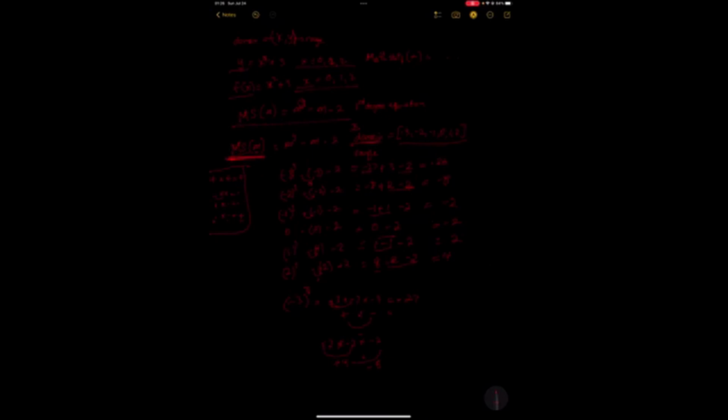We have 3 outputs of negative 2, yet we have different inputs for it. We have an input of negative 1, of 0, and 1. They all give the same output. So that shows you guys, you can have the same output with multiple inputs, but you cannot have multiple outputs with the same input. That's how it works.